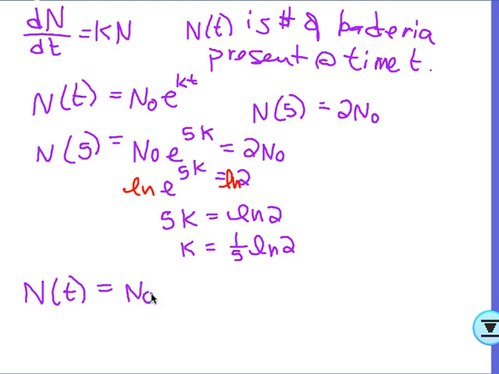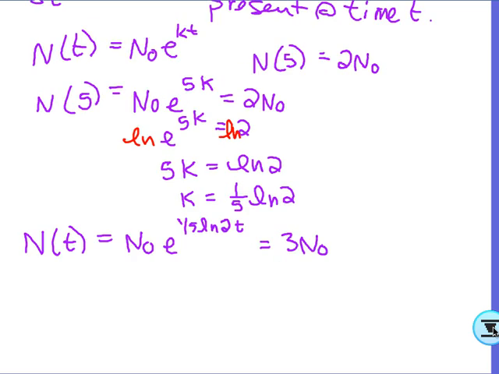My general equation is N naught e to the, I now know my k, which is 1/5 natural log of 2, multiplied times t, and that is going to be equal to 3 N naught because I'm trying to figure out how long it's going to take for it to triple. Okay, so nicely when I divide both sides by N naught, I just get e to the 1/5 natural log of 2 times t is equal to 3.